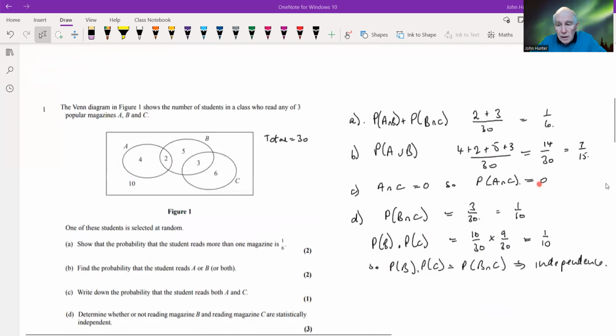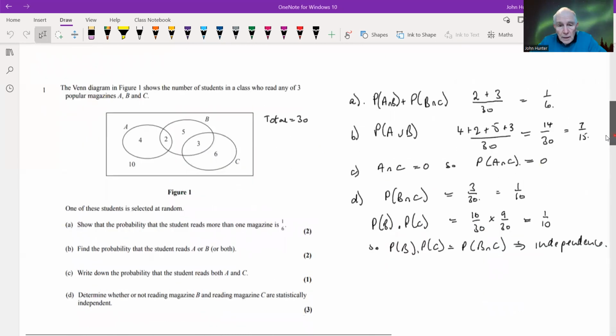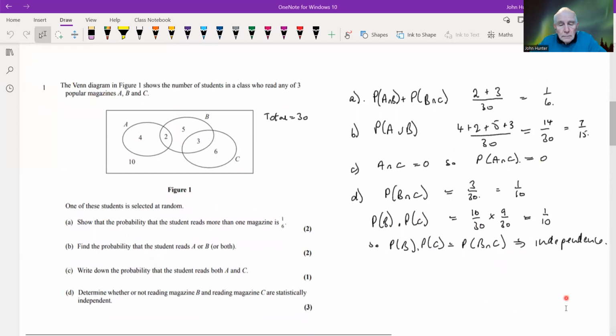Let's go on and have a look at an example. Here we go. The Venn diagram in figure 1 shows the number of students in a class who read any of 3 popular magazines, A, B, and C. Okay, so this is numbers.